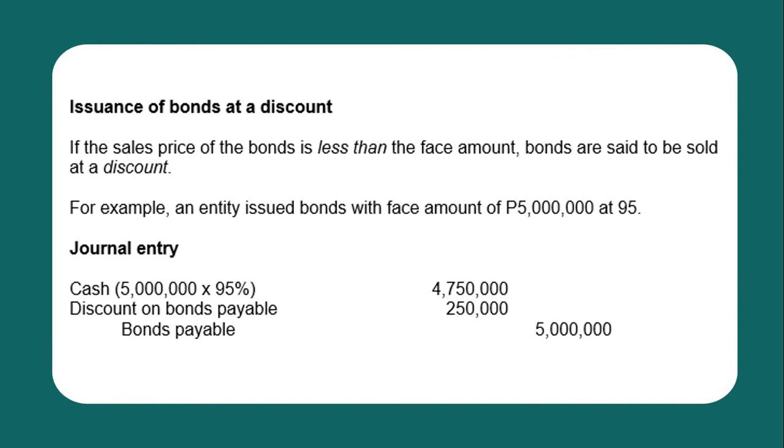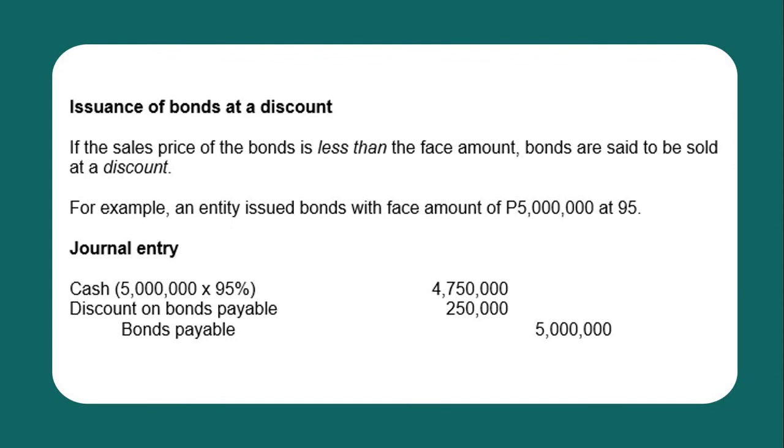Next is issuance of bonds at a discount. Contrary to the premium, if the sales price of the bond is less than the face amount, then it is said to be a discount. So, if the premium resulted in a higher selling price than the face amount, the discount results in a lower selling price compared to the face amount.